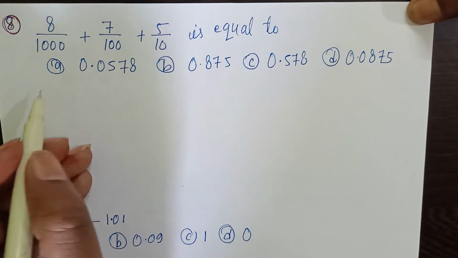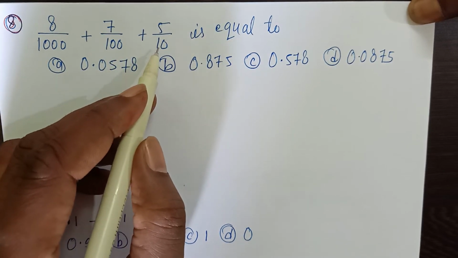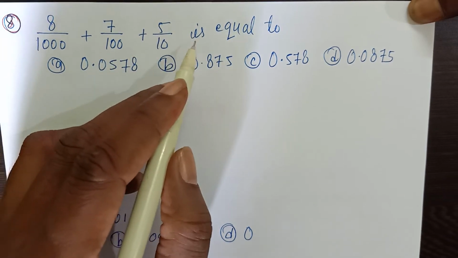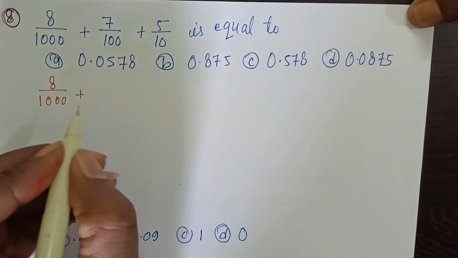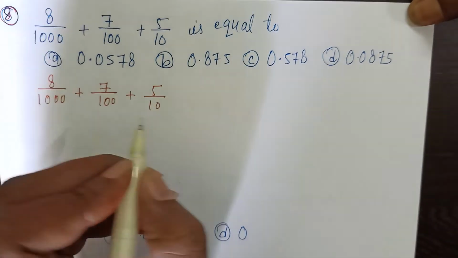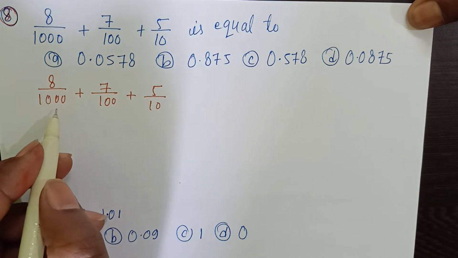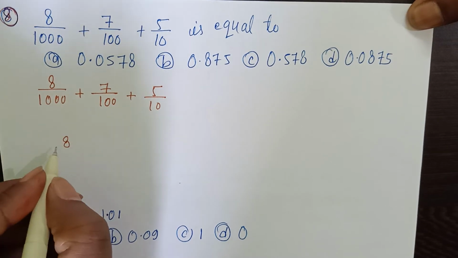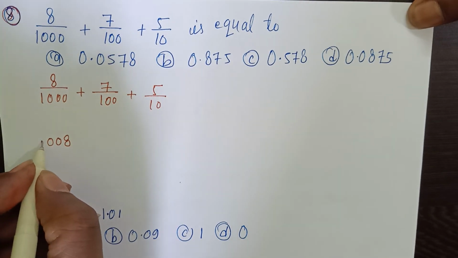Question number 8. 8 by 1000 plus 7 by 100 plus 5 by 10 is equal to. First we have to write 8 by 1000 plus 7 by 100 plus 5 by 10. I will not take LCM. We know very well that if the denominator is 10, 100, 1000, here is 8 with 3 digits, so I have to take 3 digits and put the decimal.